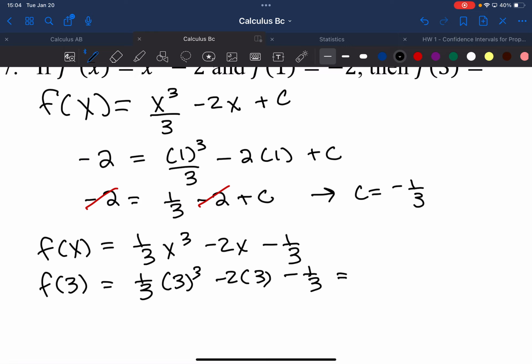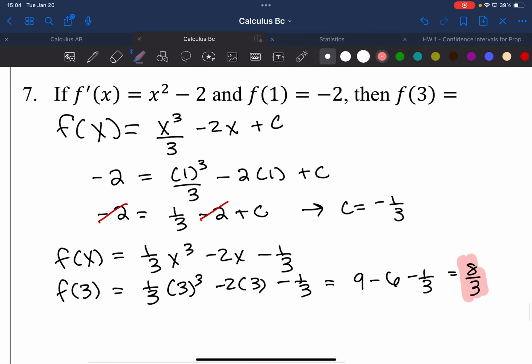Okay, so 3 cubed is 27. 27 divided by 3 is 9. Negative 2 times 3 is negative 6, and then minus 1/3. Okay, I could turn all these into fractions with 3 as the common denominator and get 8/3. So for this type of question, since it's asking for what f of 3 is, I was able to give it the corresponding y value of 8/3.